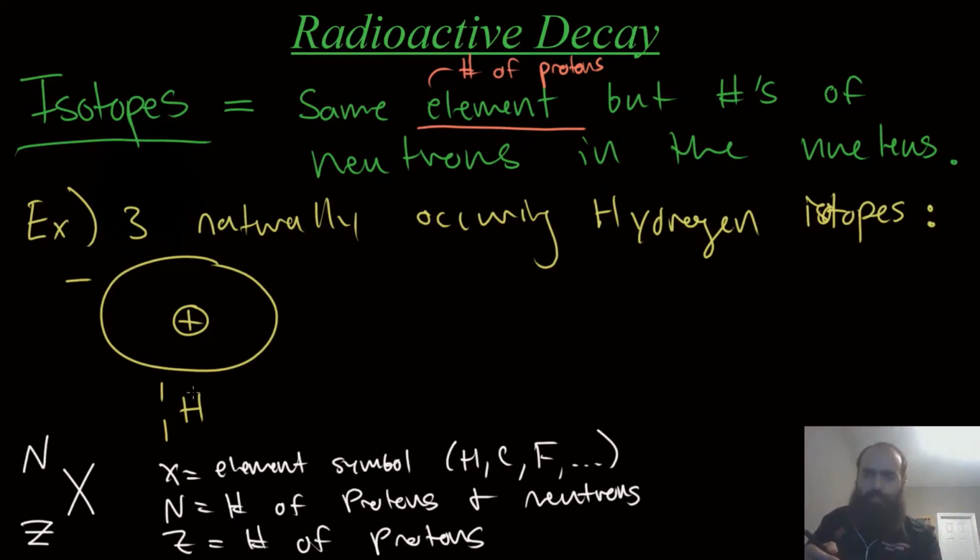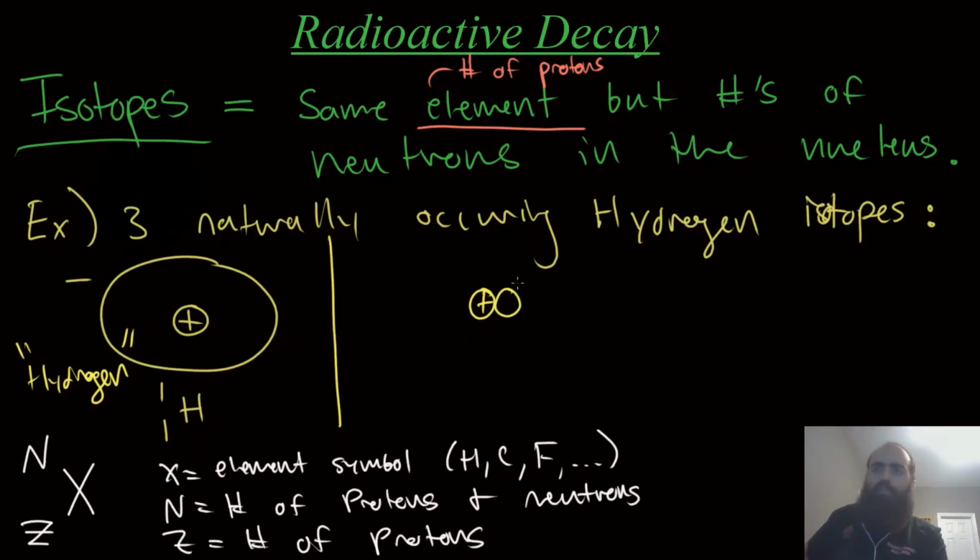Plain old hydrogen with 1 proton and no neutrons is what we would just call normal hydrogen. But there are 3 isotopes of hydrogen. The next isotope has the same number of protons but a different number of neutrons: one proton and one neutron.